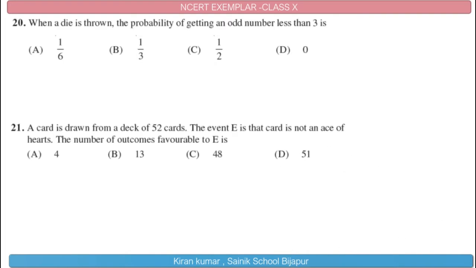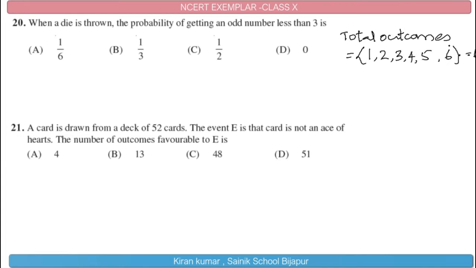Question number 20. When a die is thrown, the probability of getting an odd number less than 3 is asked. We have to know that when a die is thrown, the total outcomes are 1, 2, 3, 4, 5, 6.